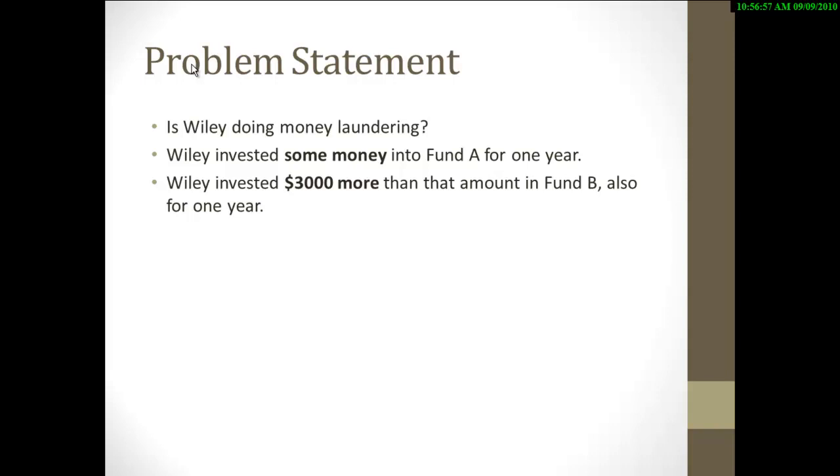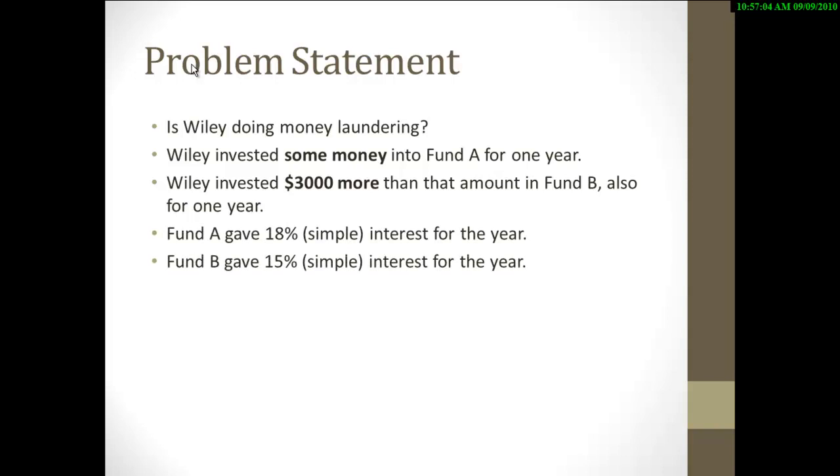Now we know some side pieces of information as well. 18% interest for Fund A and 15% interest for Fund B. And last, the piece of information that's going to be critical in tying this together, the total from interest is $3,750. So $3,750 is the total from interest.